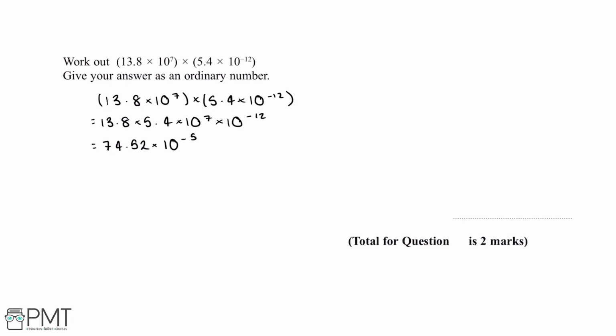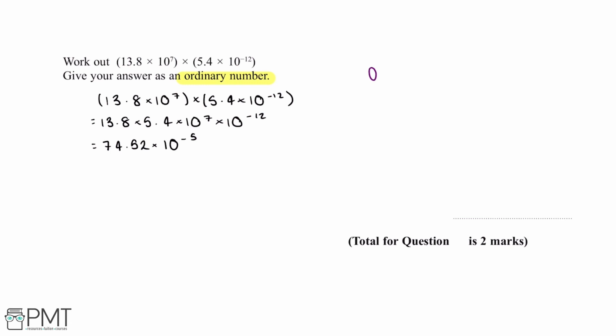So now the final thing we need to do is change our answer into an ordinary number. So as before, we can either put this into our calculator, or we can use this negative 5 to know that we need to move this decimal point 5 places to the left.